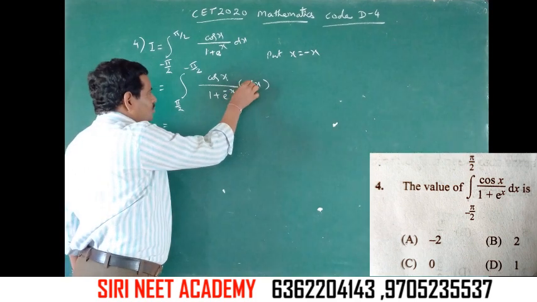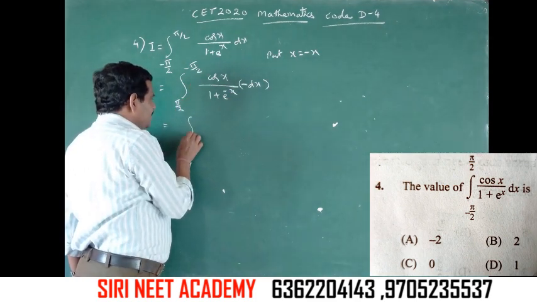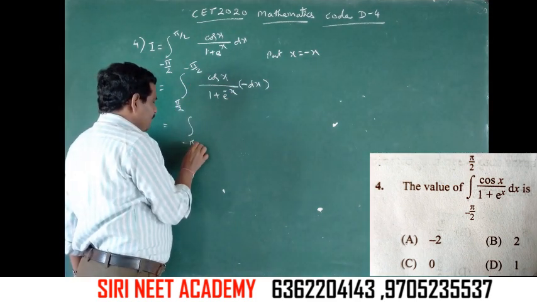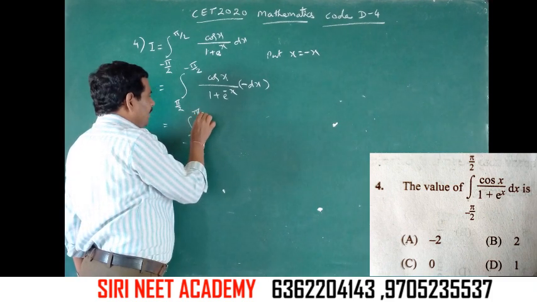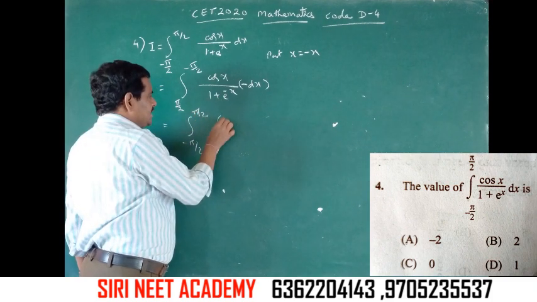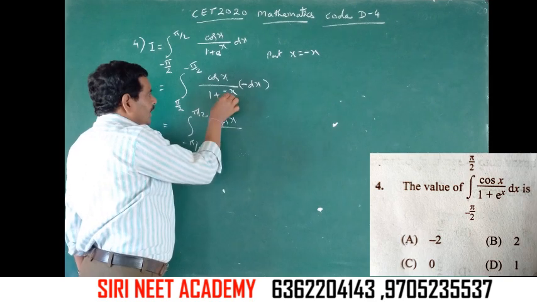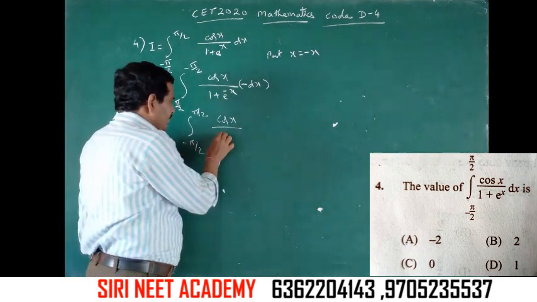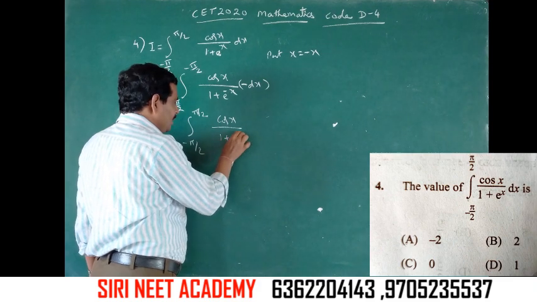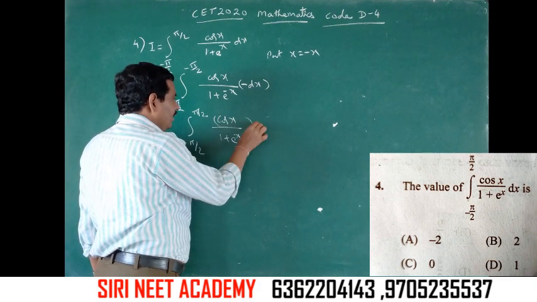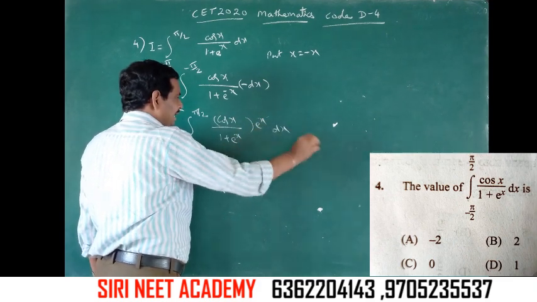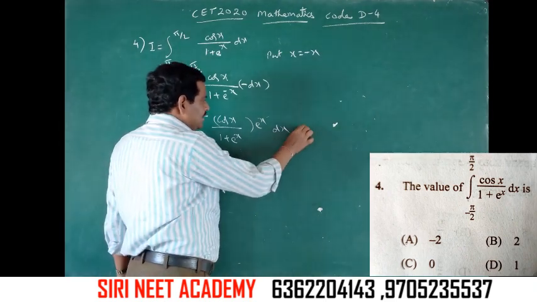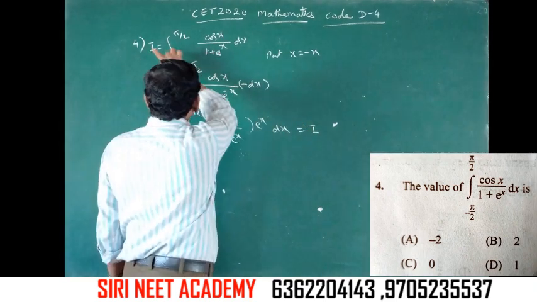Give this minus to the limits, so the limits interchange: the lower limit becomes -pi by 2 and the upper limit pi by 2. Cos x divided by e power -x, whose value is 1 by e power x. So this becomes cos x into e power x divided by (1 plus e to the power x) dx. Again, this is also equal to I, the same value.